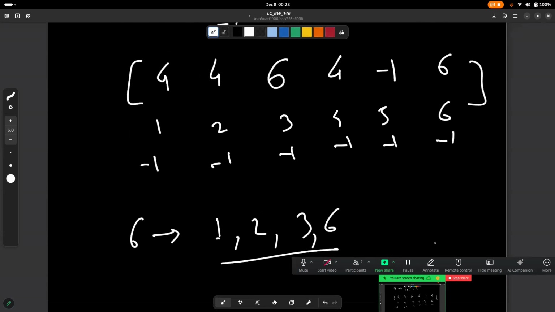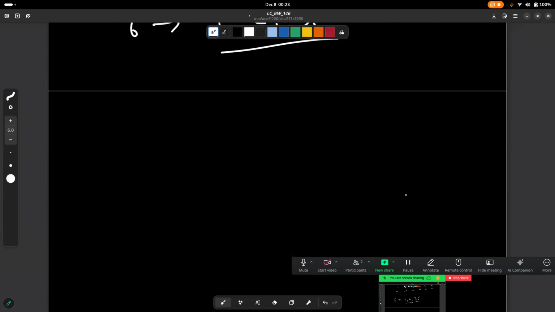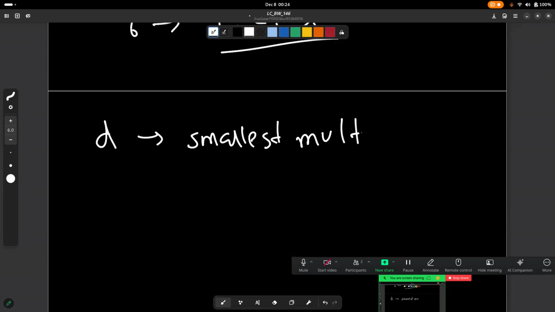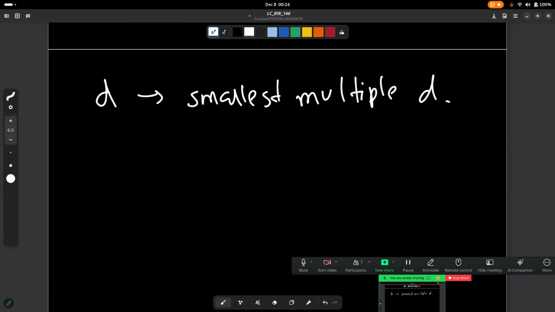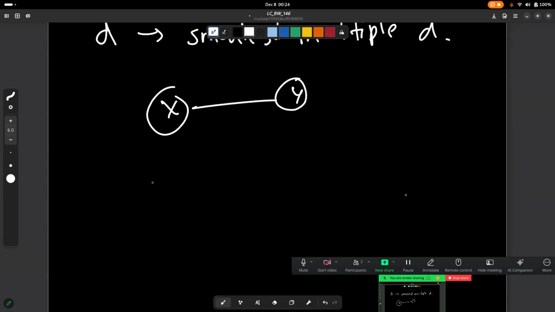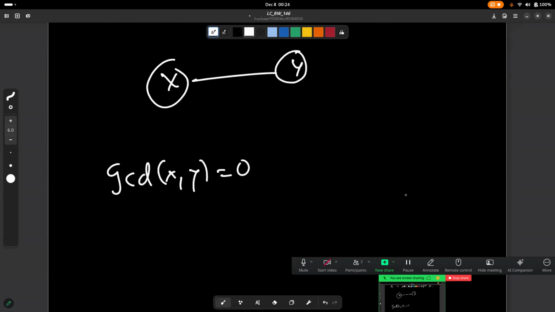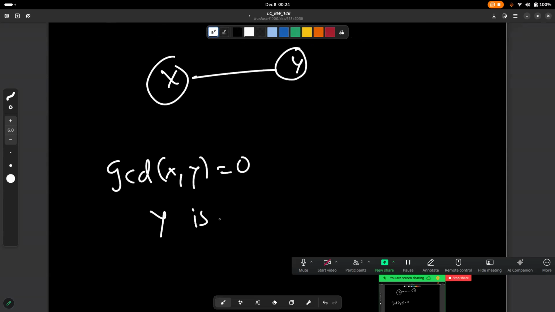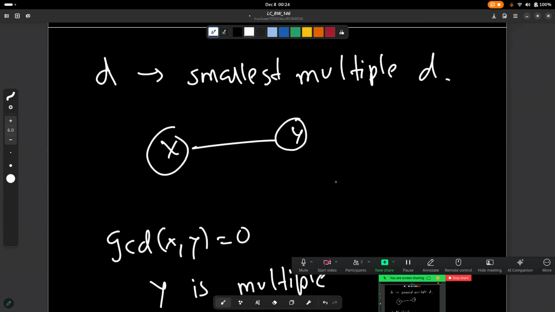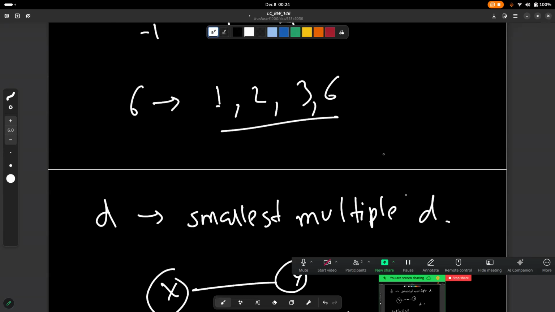Okay, so now what you have is, for each D, the smallest multiple of this D. And what I'm saying is, if you can connect X to a certain Y such that the GCD of X and Y is equal to D, in that case, this Y is a multiple of D. Let's say that the smallest multiple of D is S, according to this array.